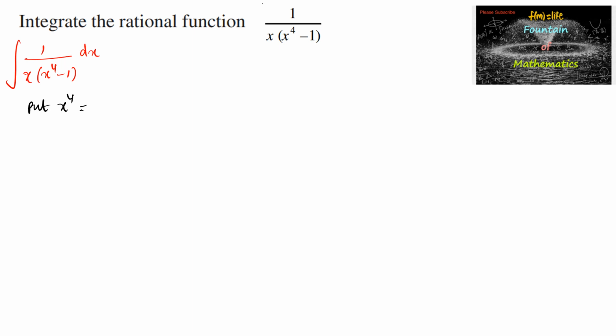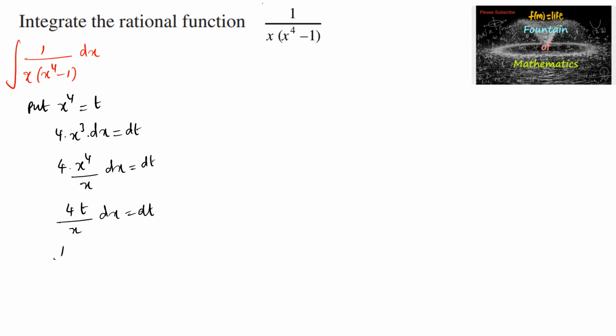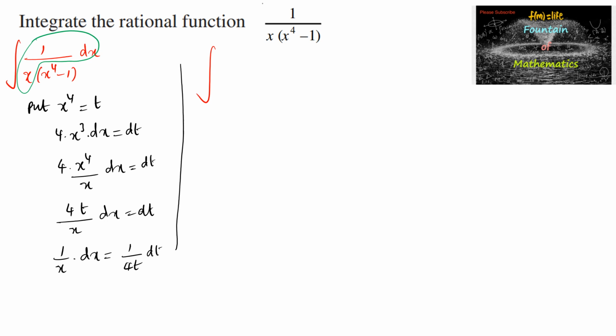Put x power 4 is equal to t, so we can write 4 into x power 3 dx is equal to dt, or we can write 4 into x power 4 divided by x dx is equal to dt, or we can write 4t upon x dx is equal to dt, or we can also write 1 upon x dx is equal to 1 by 4t dt, so that we can write the integral 1 upon x dx is 1 by 4t dt, so 1 upon 4t dt divided by t minus 1.